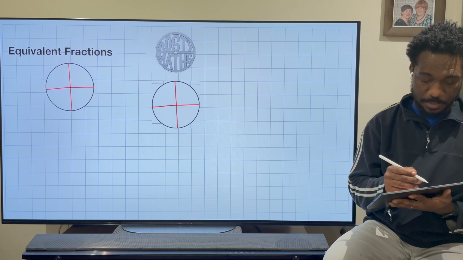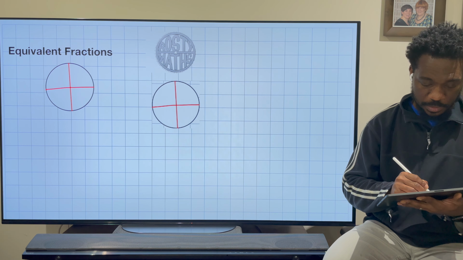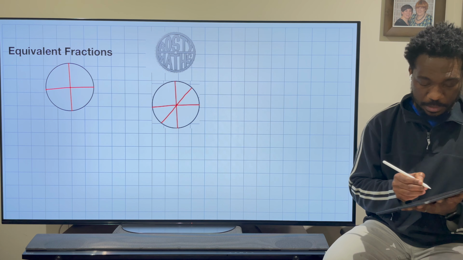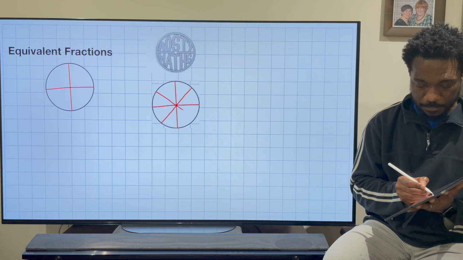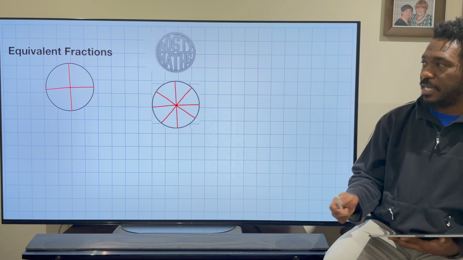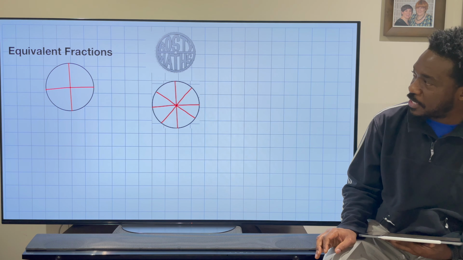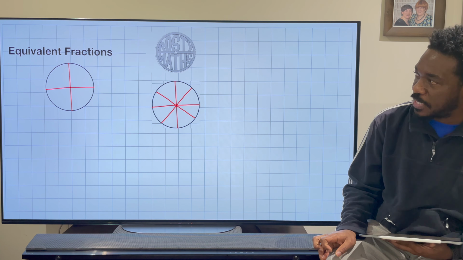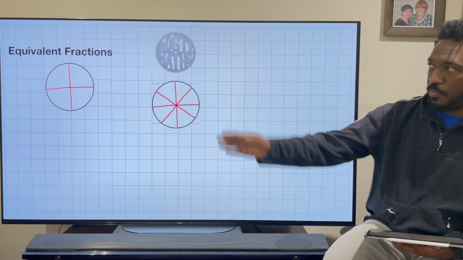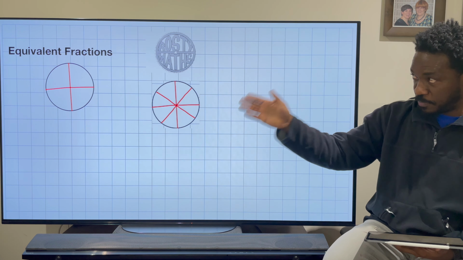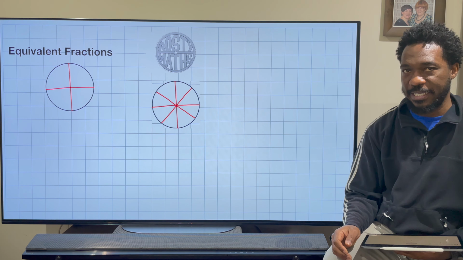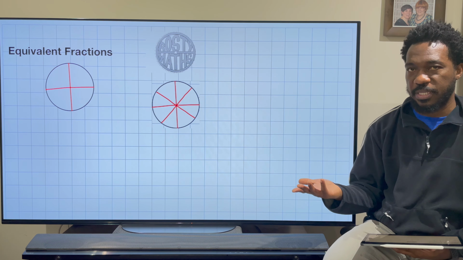Then I'm going to cut this one up into eighths like that. Sorry, that is proper dodgy. So imagine that I've got a couple of pizzas and I've chosen how I want to cut them up. I want to cut one pizza into quarters, and I want to cut this one into eighths. What are equivalent fractions?